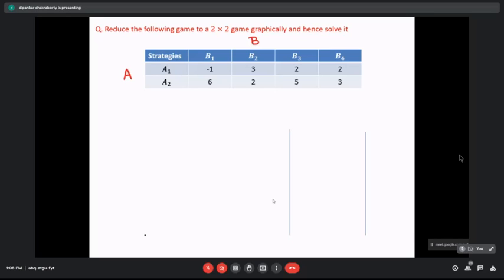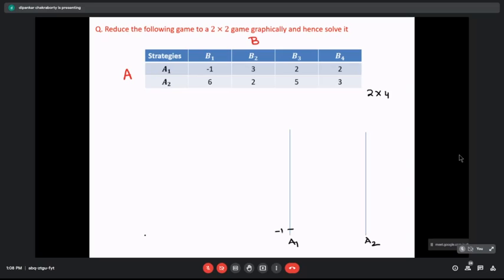So first of all, as you can see, this is a game of 2 cross 4, right? So here the two vertical lines will represent the strategy for player A. And now we are going to find out the minimum value and the maximum value in this matrix, minus 1 and 6.